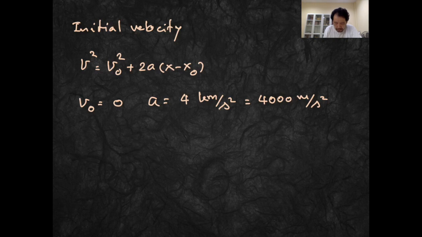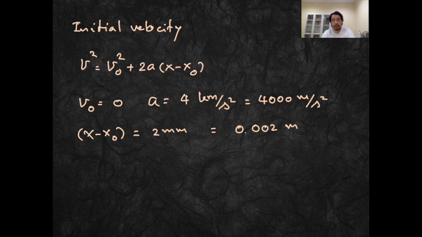And the distance stated is 2 millimeters, which we also convert into 0.002 meter. Here we convert all the units to the SI base units, so it is easy when we move on after this mechanism to calculate the maximum height.